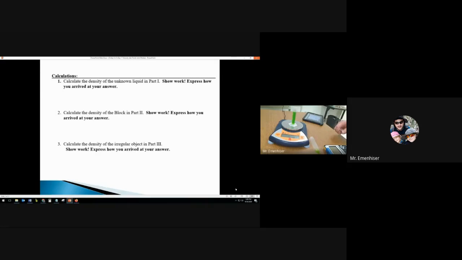We're going to do mass divided by volume. Let's see what numbers I write down, because I bet you they're different than what I just had. Okay, mass is 8.5 grams.